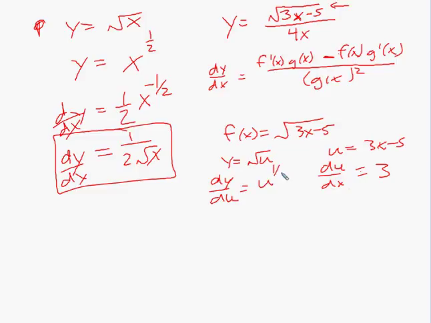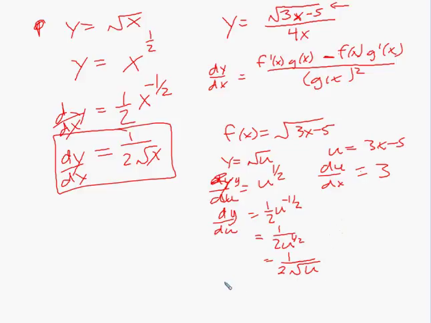Now I'm going to take the derivative, a half u to the negative half, just like over here. Then I move that down, so 1 over 2 u to the half, write it as a radical, so 2 root u.